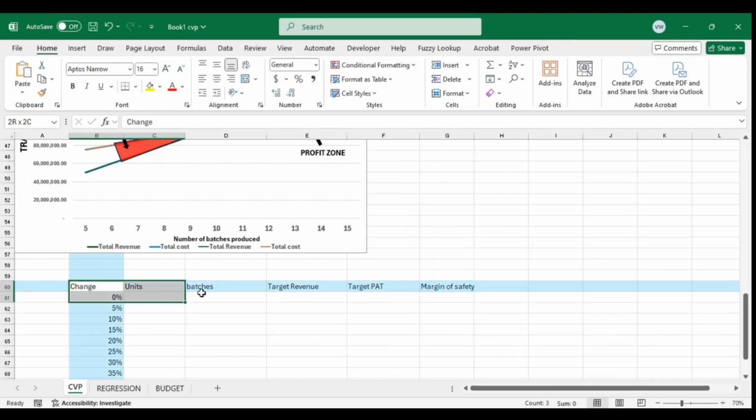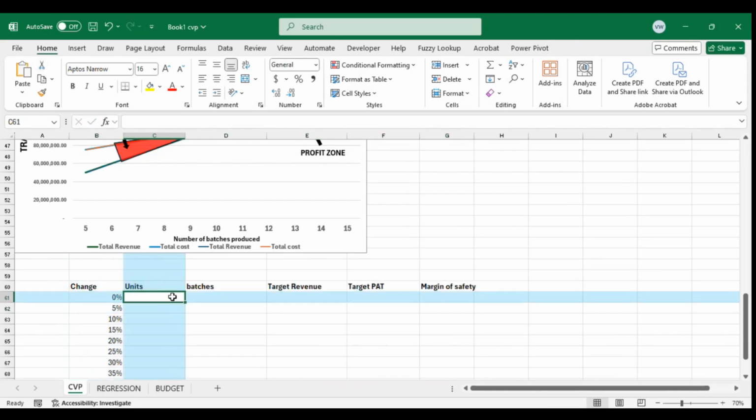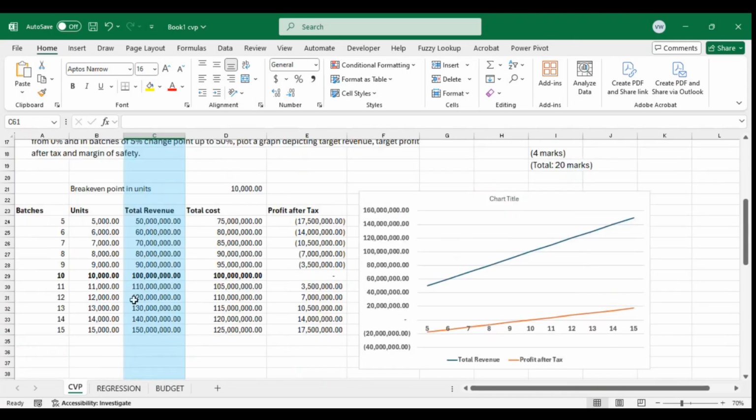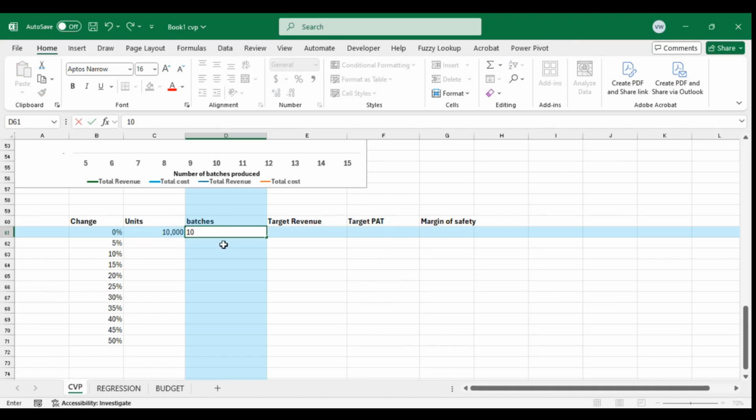Okay. So now that we have all this, let's go back to at 0% where we were at break-even point. Remember, at break-even point, we had 10,000 units. We had 10,000 units, not 10,000 batches, but it was 10 batches. Sorry for that.